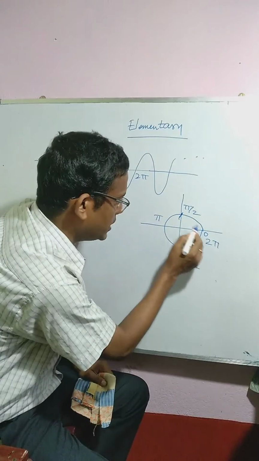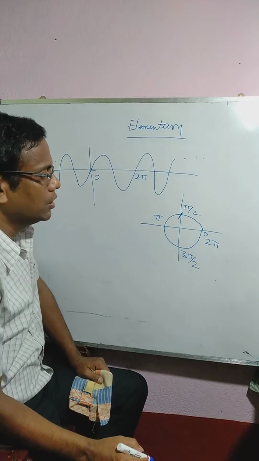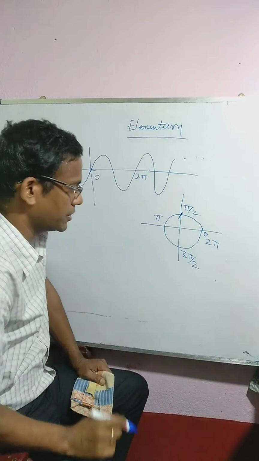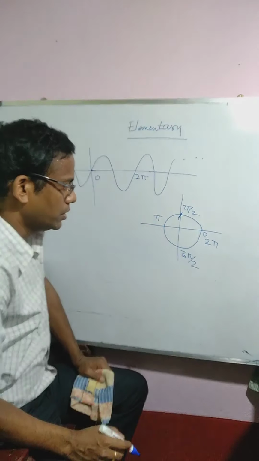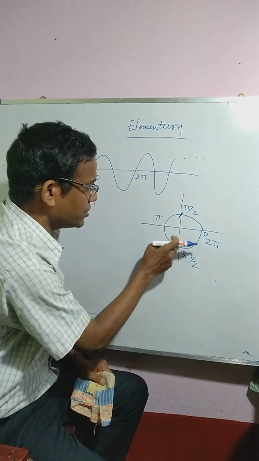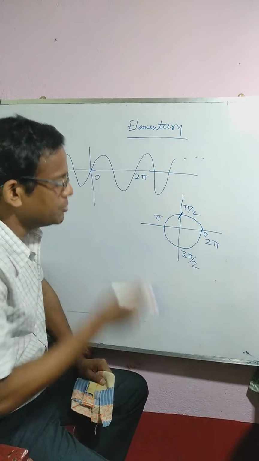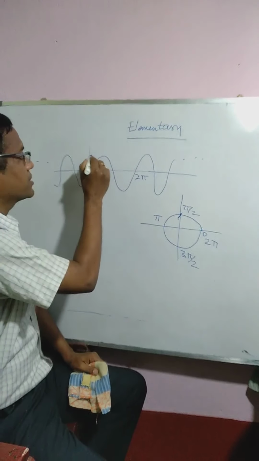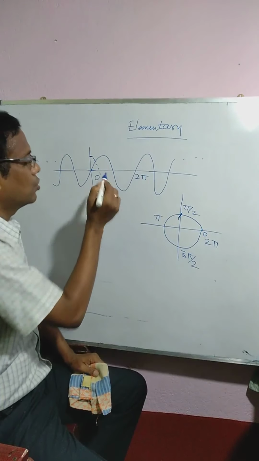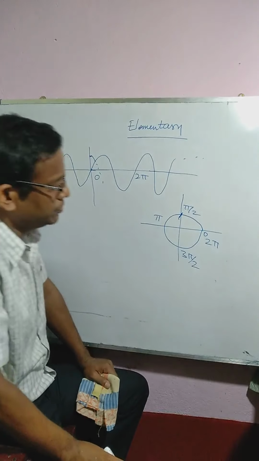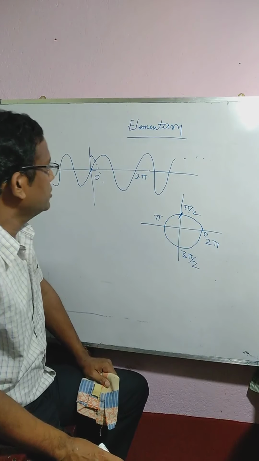That means it has an additional phase of 90 degrees. In the same way, after rotating 360 degrees, its behavior is repeated. This is the cosinusoidal signal. You know how it looks.